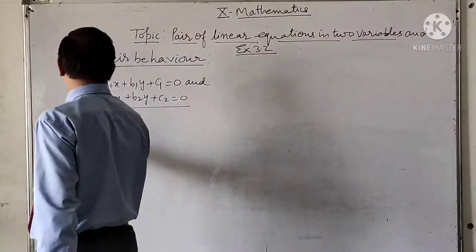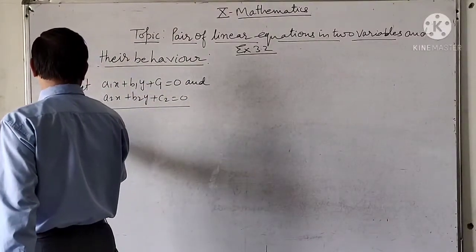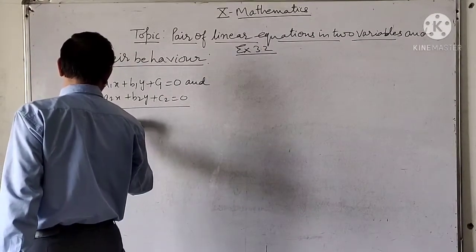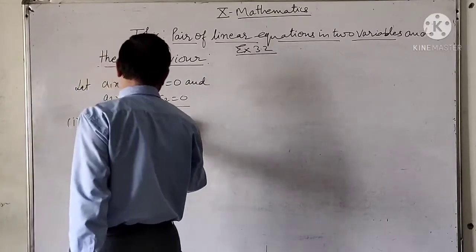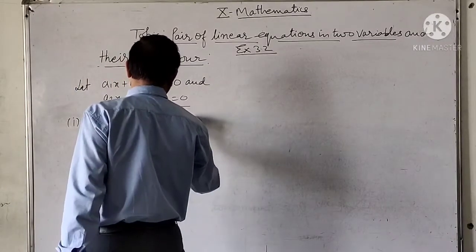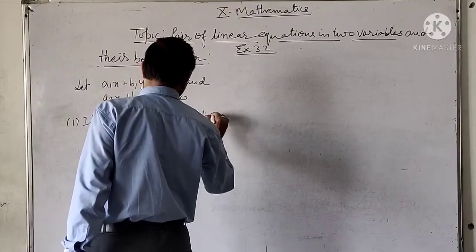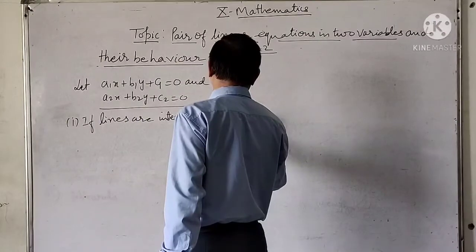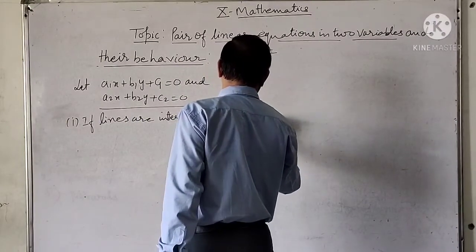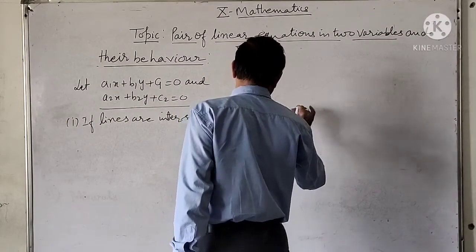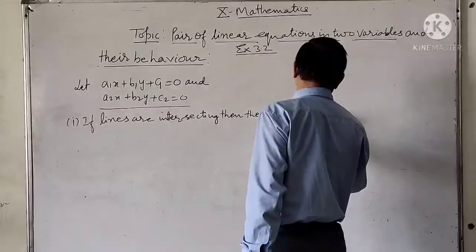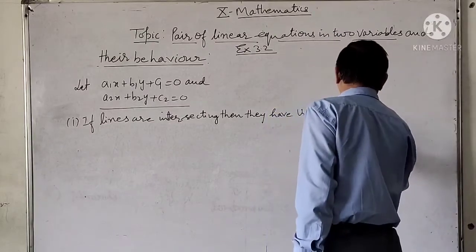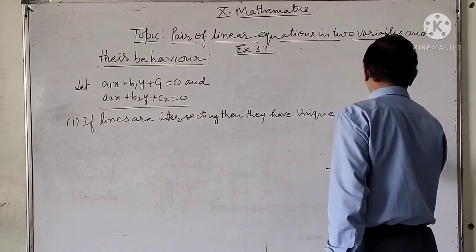First case, if lines are intersecting, then they have a unique solution. Their graph is like that.